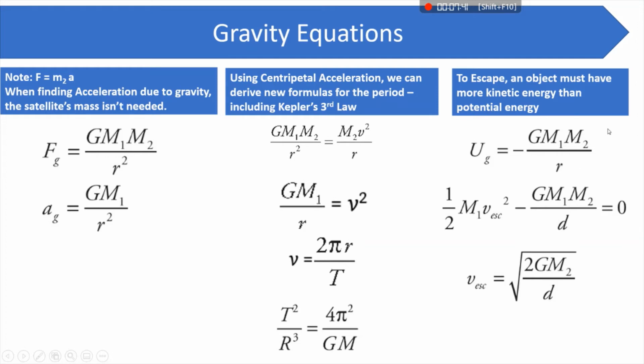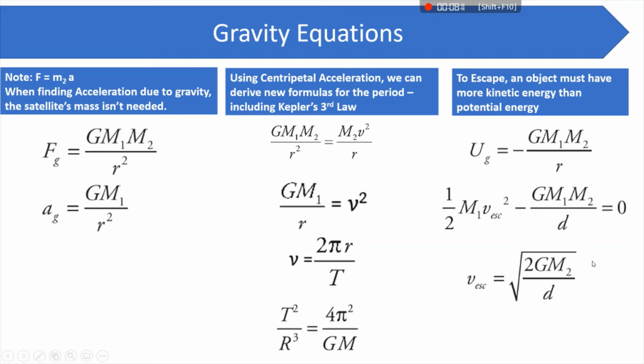Now, ideally, all of our kinetic energy would convert to potential energy along an orbit. So if we're orbiting, then our total potential energy and our total kinetic energy should balance out to 0. That means, though, that if we have an object that will be able to break orbit, then the kinetic energy will end up being more than the potential energy.